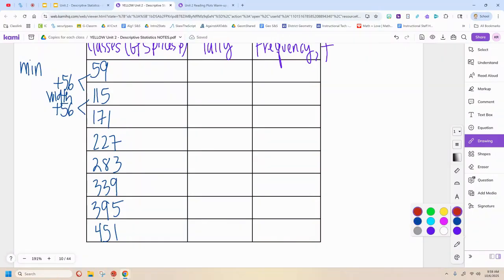So you're going to do all the lower bounds first.